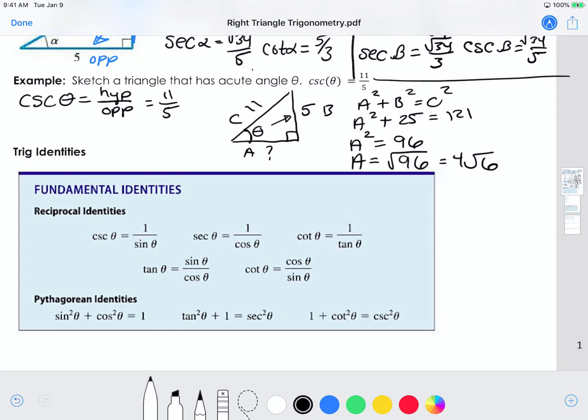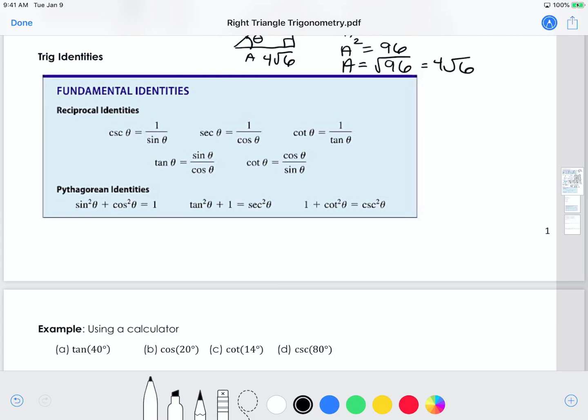And I can pull the 16 outside of the square root by rewriting the square root of 16 as 4. So I know that side A now is 4 square roots of 6, and we've completed the drawing of the triangle. Now, once we have the complete picture of the triangle, if I wanted to, I could find the other trig ratios because I have all 3 sides of that triangle.